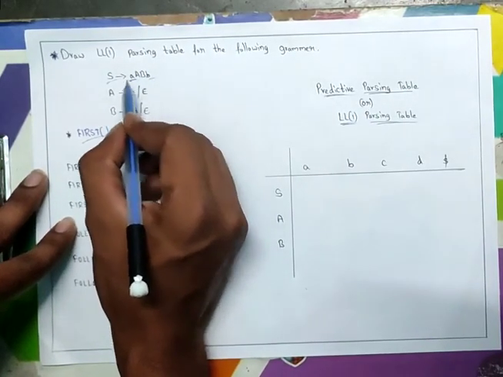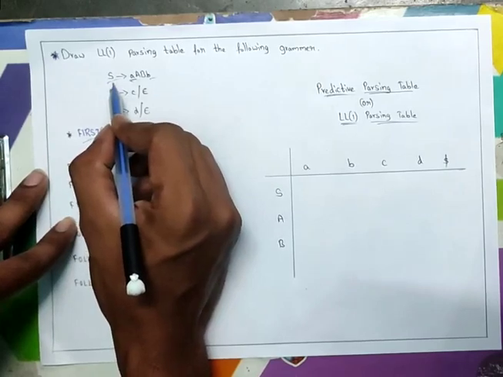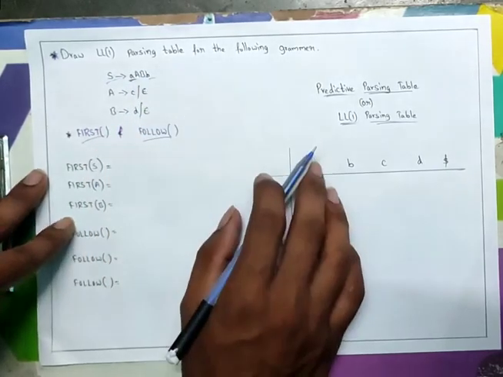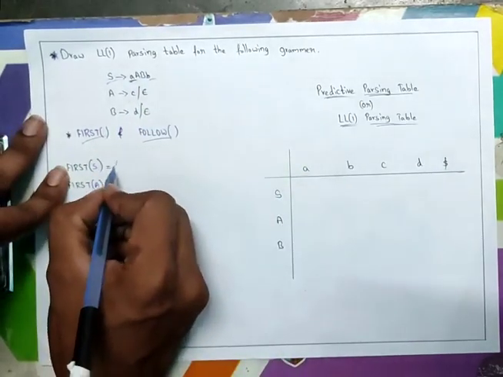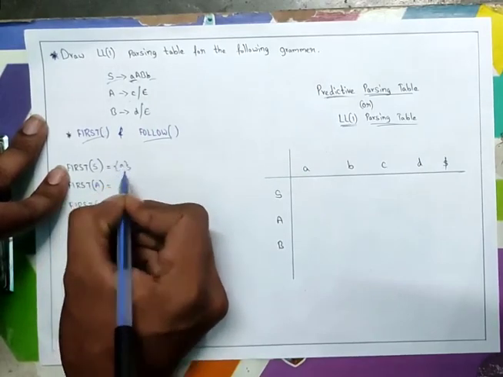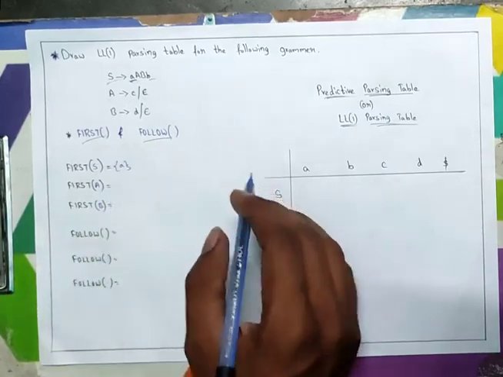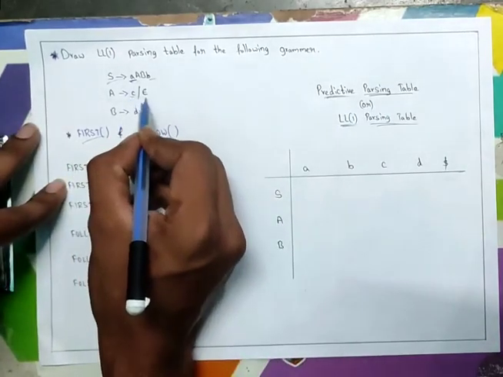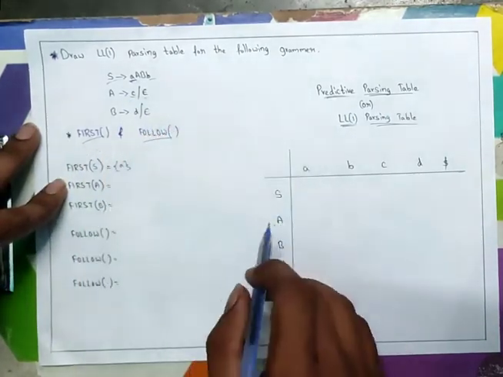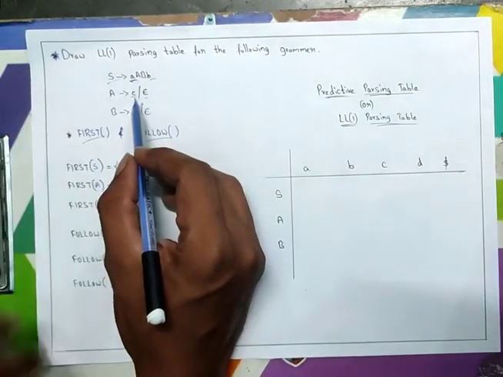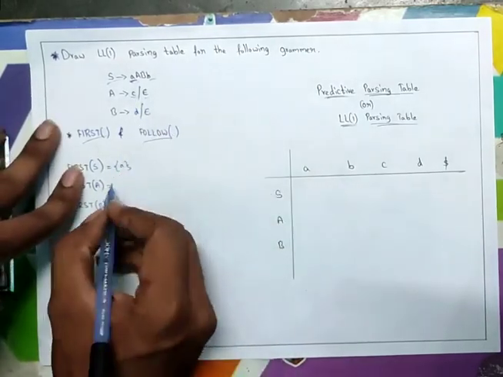Here the first element in the production for non-terminal S is small a, so we write small a. And for the first of A, we have two productions, one is c and one is epsilon. Here c is a terminal, so we can directly write c.